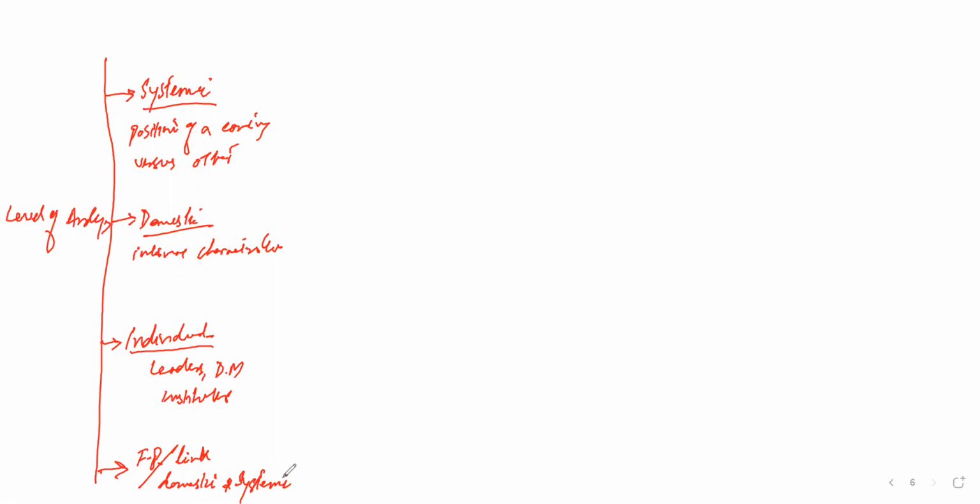concerns. Now, you cannot analyze, let's say, the Syrian crisis at the systemic level or domestic level, individual level. You need a line, a direction, and that direction will be provided by perspectives.